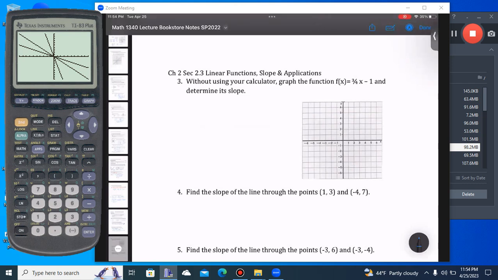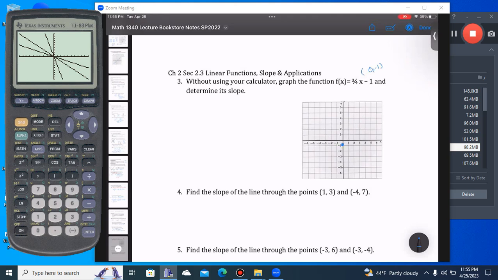All right, so one thing about the slope is we're able to use the definition of it as a rise over run to graph things pretty quickly, whether the slope is a fraction or a whole number. So here, if we want to graph 3/4 x minus 1, the minus 1 is your y-intercept, 0, -1. We'll plot that first.